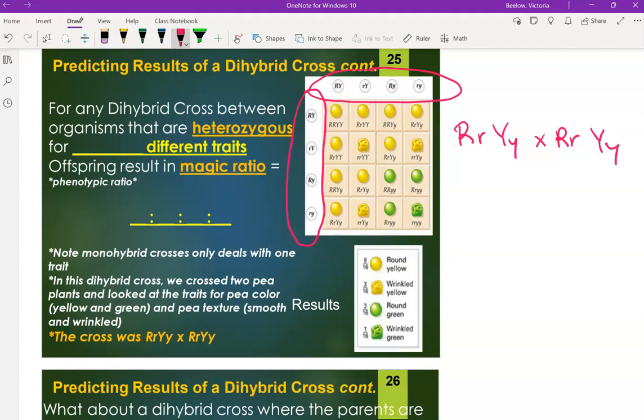Either they can give a big R and a big Y, a little r and a big Y, a big R and a little y, or a little r and a little y, because you get one allele from each parent.